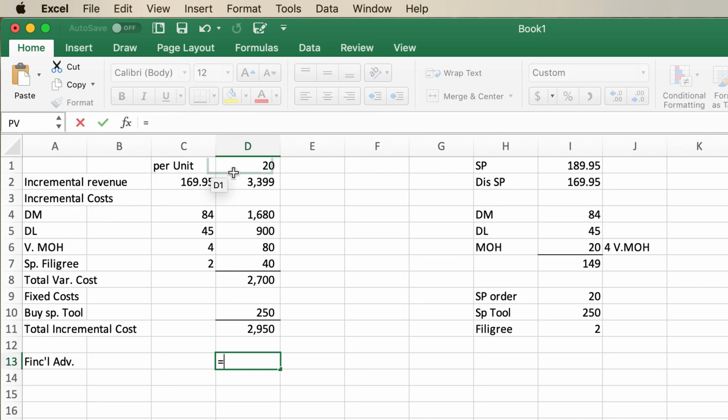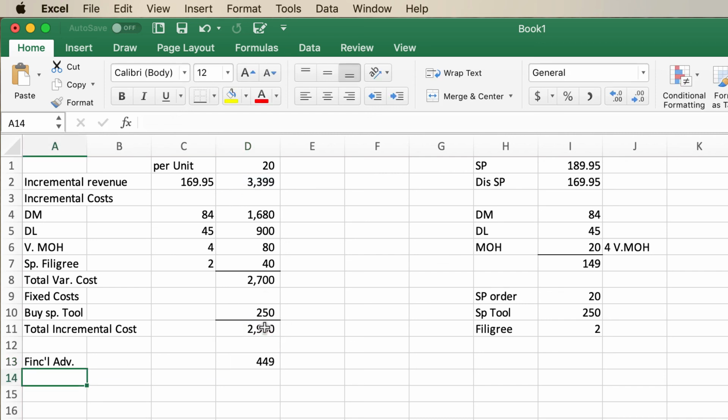My incremental revenue was the $3,399. I subtract the incremental cost, which was $2,950. I have a profit just on this special order of $449. So based on that, we absolutely should accept the special order. Okay? So that's how you do special orders.